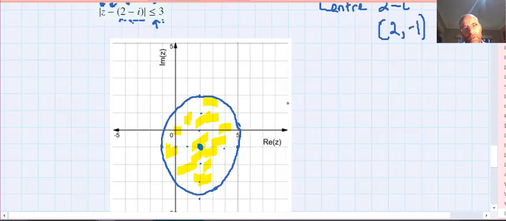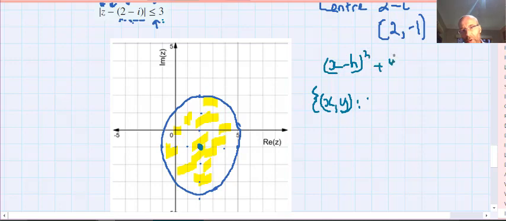Okay, and if you had to do a Cartesian equivalent, whether it's in set notation or not, you don't always have to write your answer in set notation. You could just put the equation, but I'll put full set notation. Remember, when we've got a circle that's not at the center, it's x minus h all squared plus y minus k all squared equals r squared from your previous work.